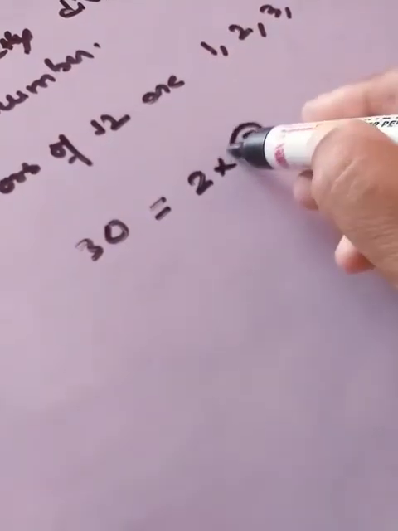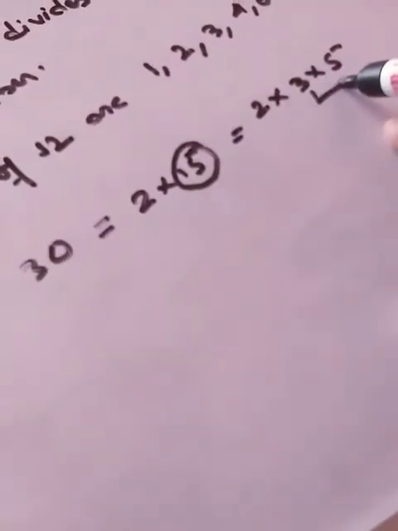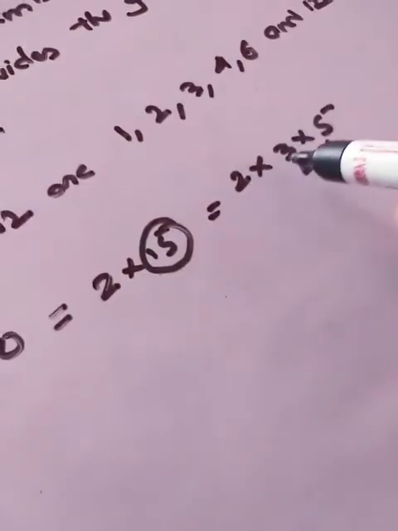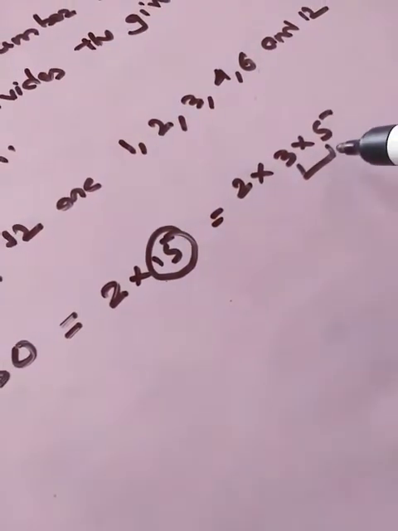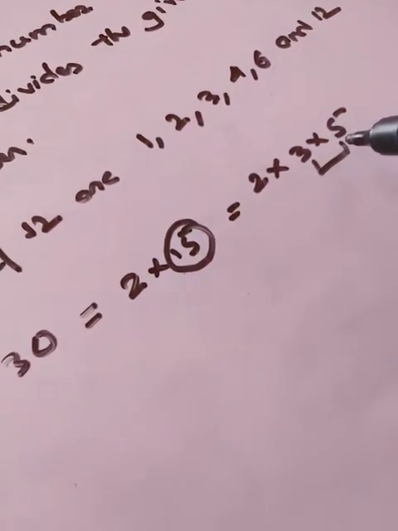If you further divide this 15, then how can you write it? 2 into 3 into 5, isn't it? So 15 can be written as 3 into 5. So you see that 30 is written as a product of all prime numbers, isn't it? So a number written as a product of prime numbers is said to be in the prime factor form.